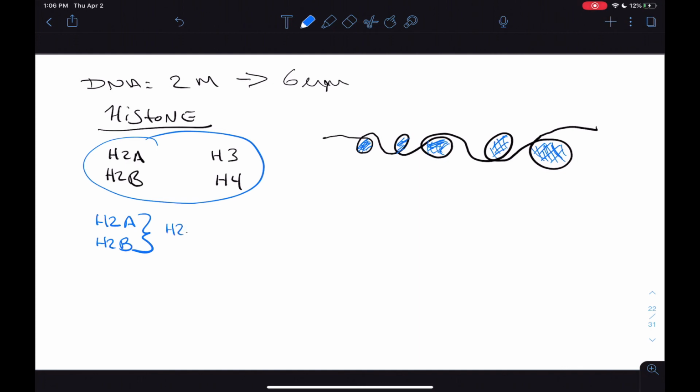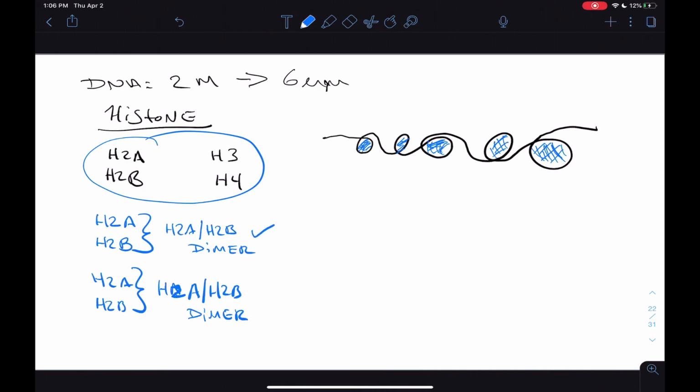Now we have another H2A, H2B that comes and also forms an H2A, H2B dimer. So now we have one dimer here and one dimer here.